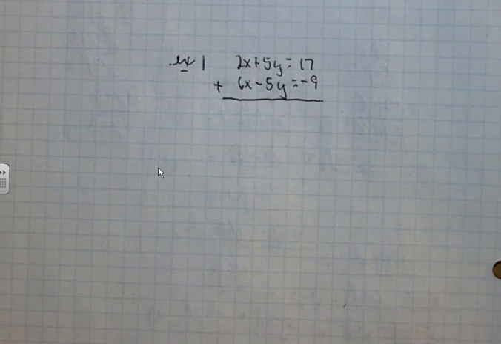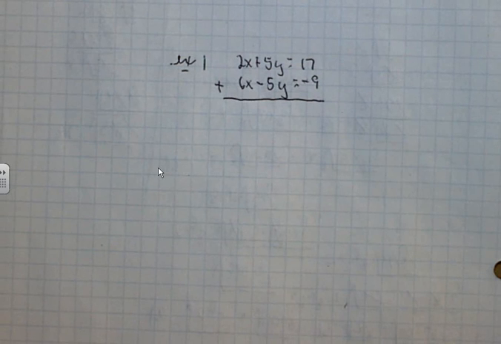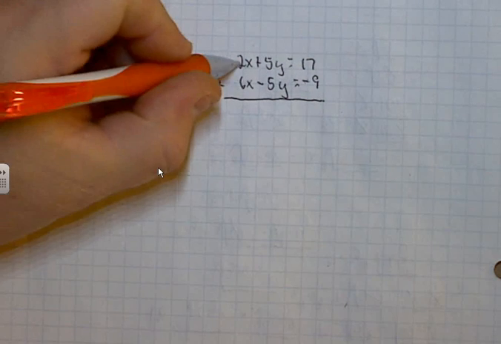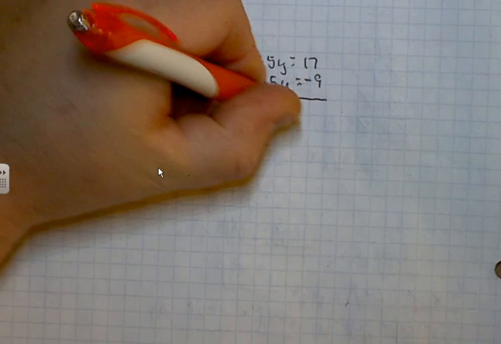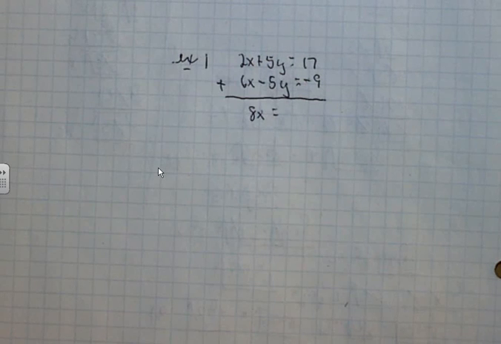And by doing that, we're going to eliminate y's. 2x plus 6x is 8x. 17 plus negative 9 is 8.